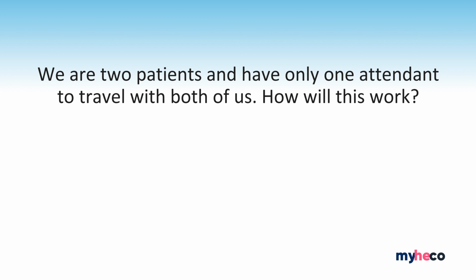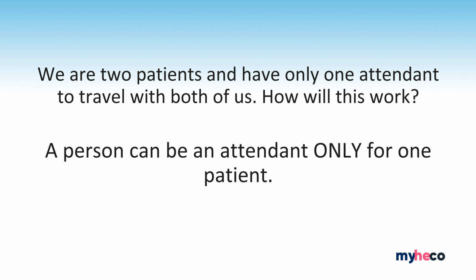Okay, so we are two patients and we have one attendant. This is an interesting scenario. Let's say there are three people in total. Two of them are patients that need a medical visa, and the third person is an attendant, and the plan is for that one person to look after both patients. In this case, you need to understand that the person can be an attendant only for one patient.